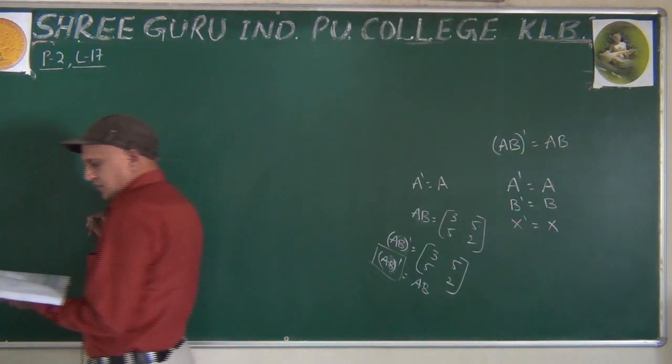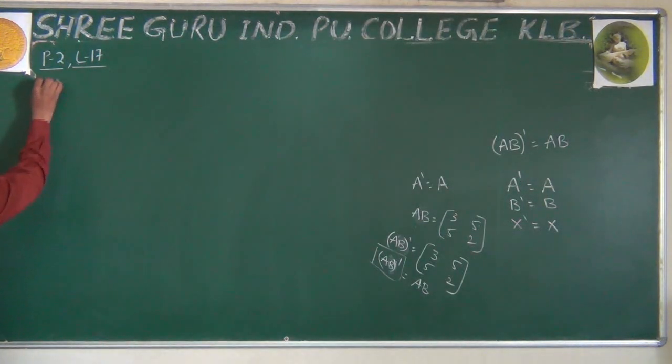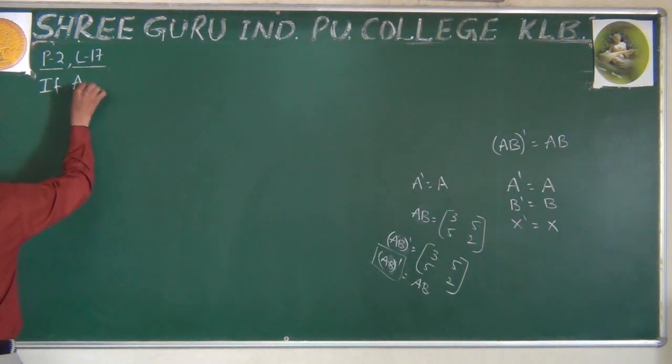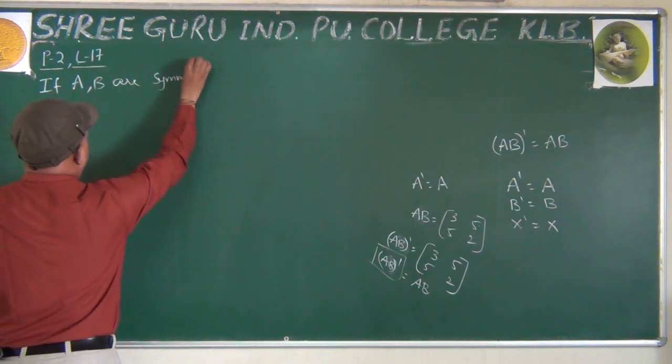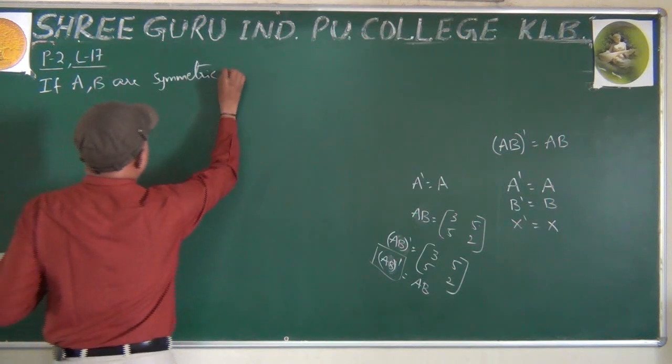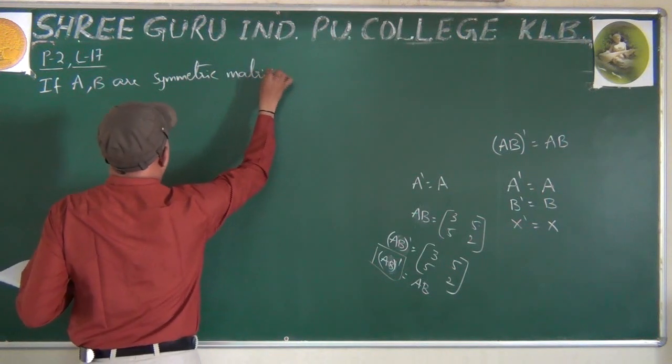If A and B are symmetric matrices, next question. A and B are symmetric matrices means what is the first step?